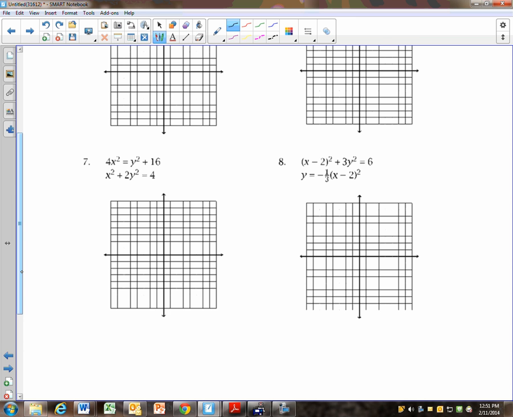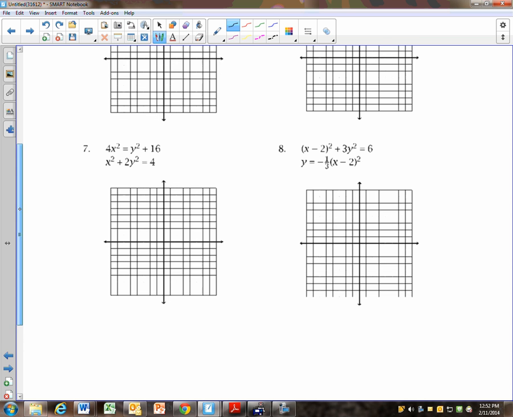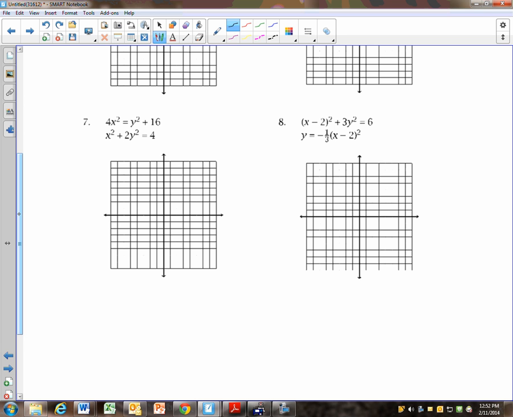We do number 8 together right now. Okay, we'll do 8. What shape does the top one make? An ellipse. Looks better when it's in that form, doesn't it? What's the center of that ellipse? 2, 0.